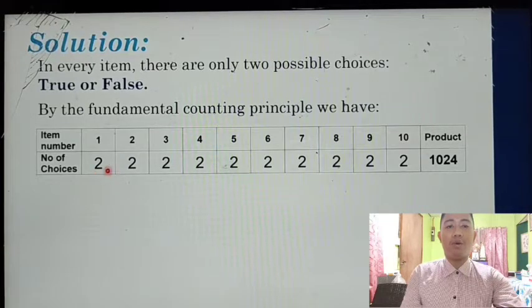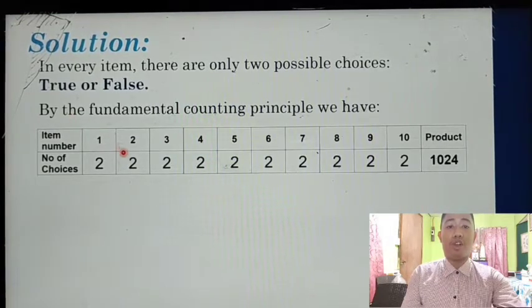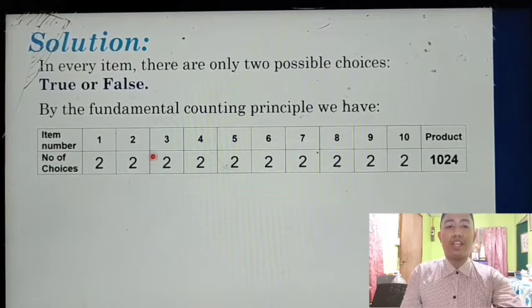Next, suppose you proceed to the next item number and answer in the same manner. We are using the choices true or false, so there are only two choices. Same with item number 3, which is also 2, until you reach number 10.